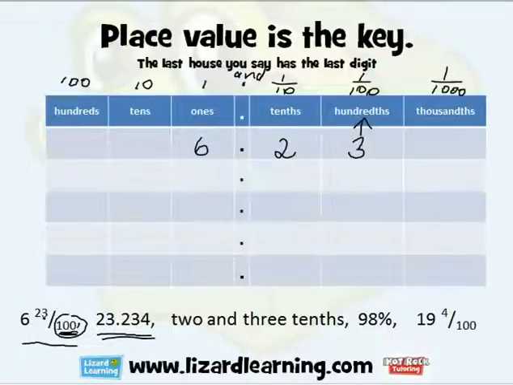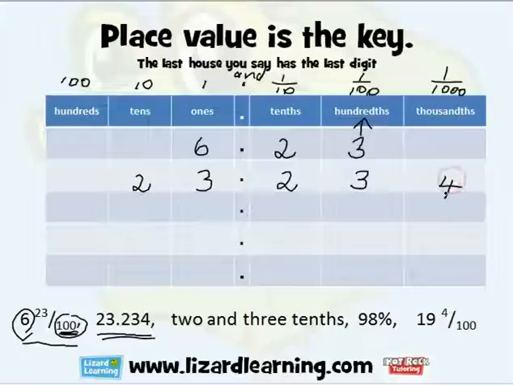6 and 23 hundredths says 6 units, then we hit the fractions. There's the fractions, decimal point, then the fractions start. 23 hundredths. Next one says 23 decimal 234. Well, that says it's 23. In other words, 2 tens, 3 ones, 23. You've got the decimal point already there for you, and then you just put them in: 2, 3, 4.